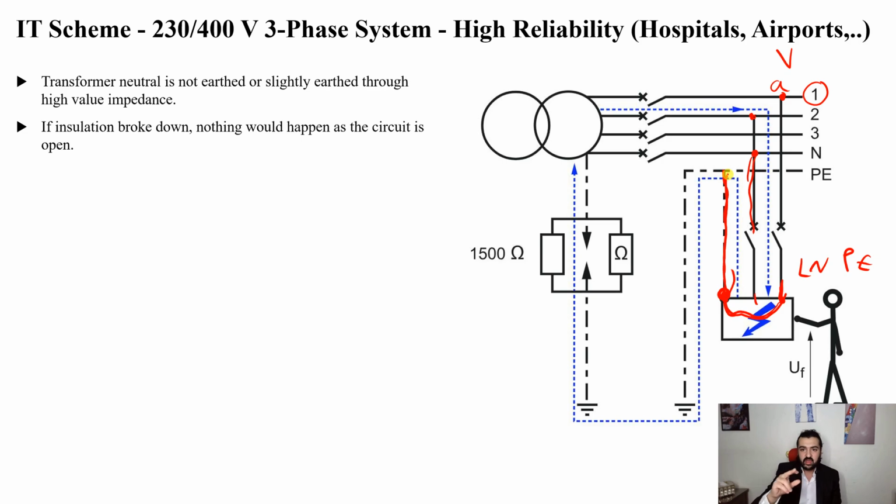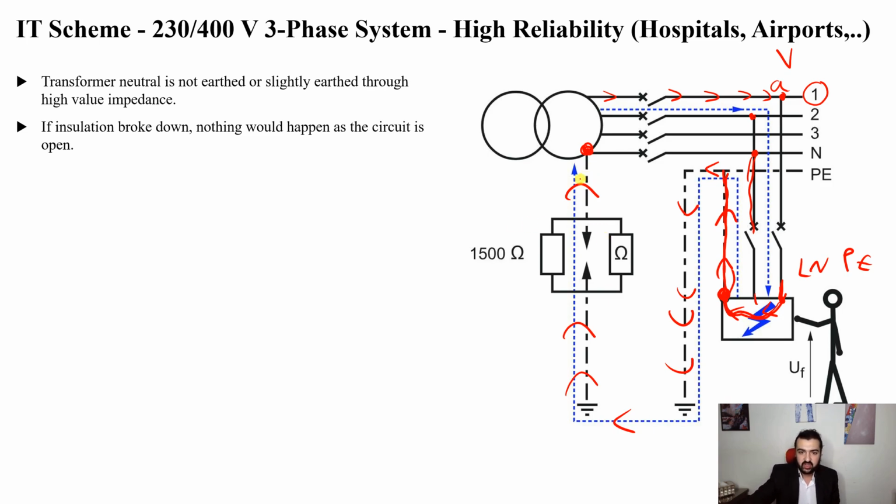How would the current flow? It will flow from the phase, all of the way through the protective earth, to the earthing system, and back to the neutral of the supply. This is the blue impedance, or fault loop.